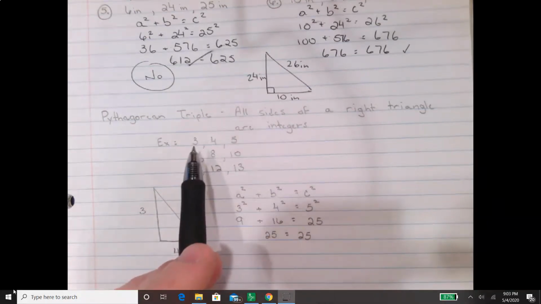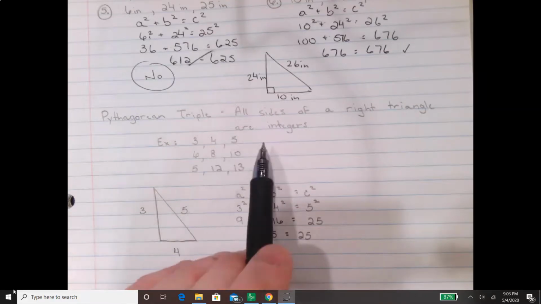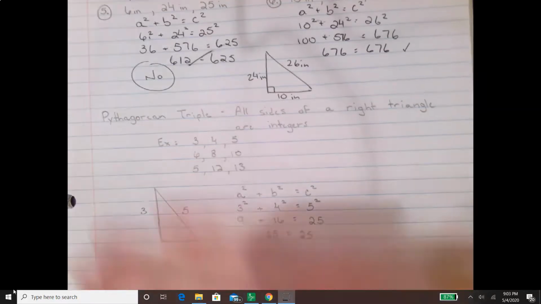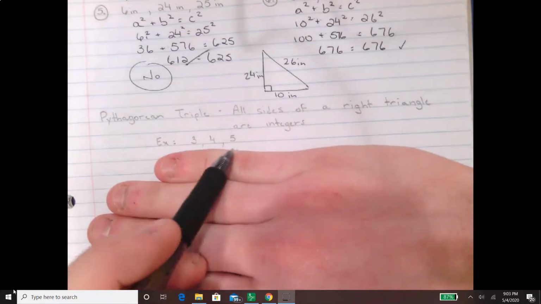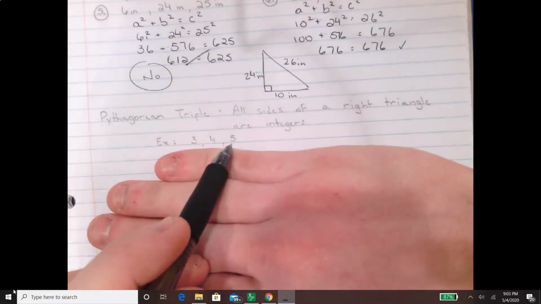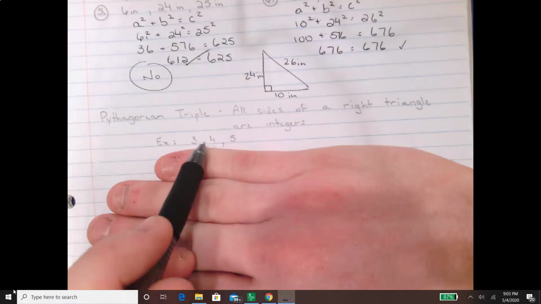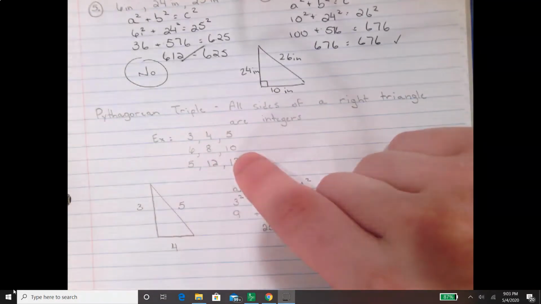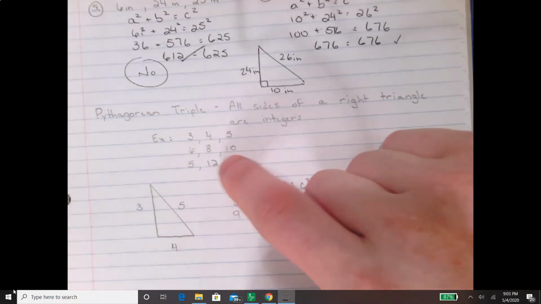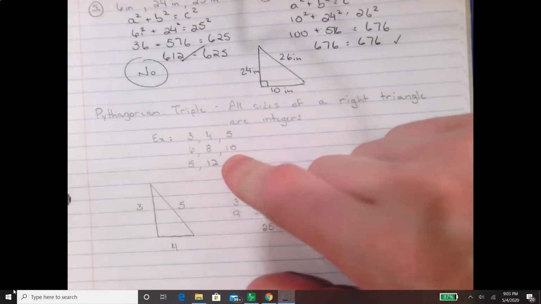Your examples here would be 3, 4, and 5. If those were the three sides you were given, you knew that 5 has to be the hypotenuse because it's the largest, and 3 and 4 were your two legs. Another example would be 6, 8, and 10, where 6 and 8 are your two legs, and 10 is the hypotenuse.